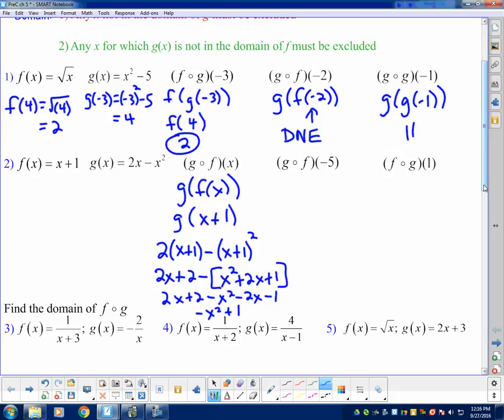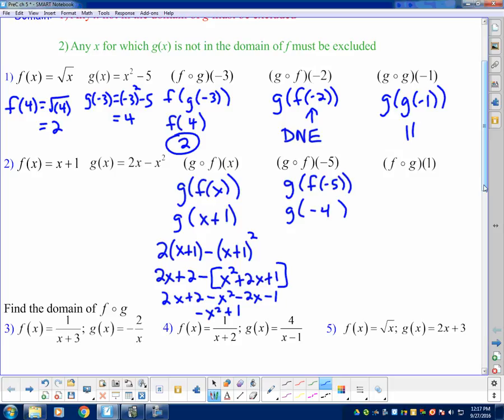Good. All right, g composed of f of negative 5. So this is g of f of negative 5. So f of negative 5 is going to be what? Negative 4. So negative 5 plus 1 gives me negative 4.